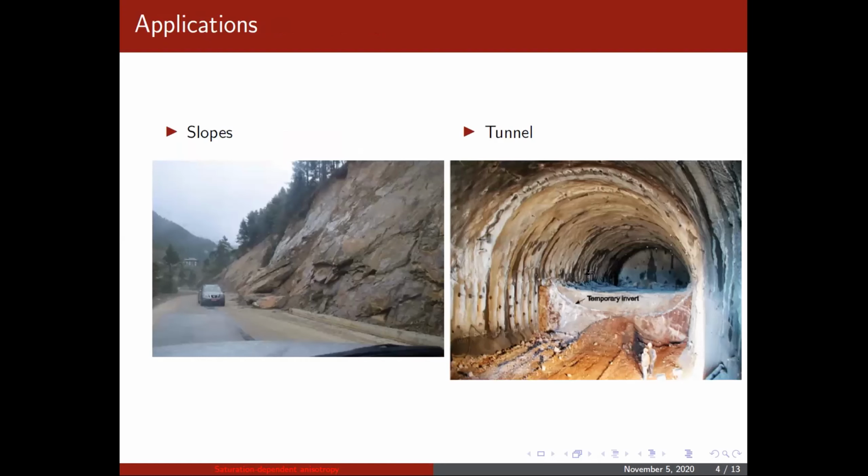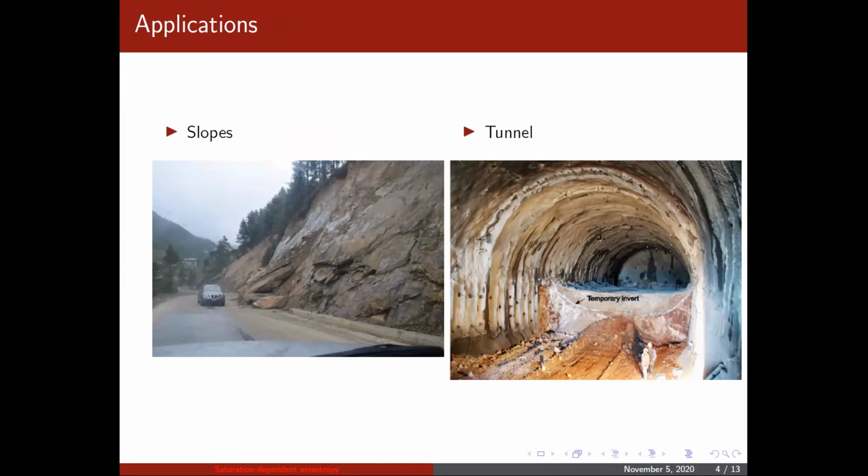So in what kinds of situations would we find rocks that are both transversely isotropic and partially saturated? A common area is in slopes. At the ground surface, a lot of the rocks are partially saturated, and depending on deposition processes, some of the rocks could be stratified or laminated, and we would have transverse isotropic behavior.